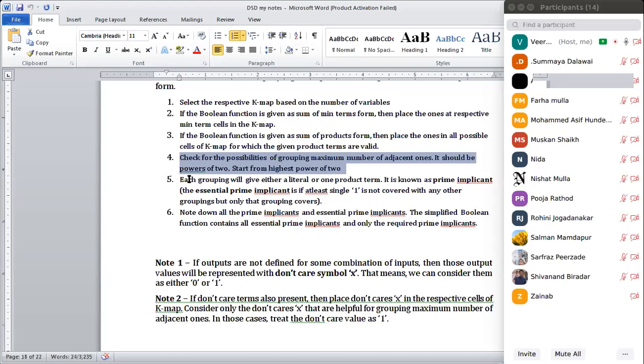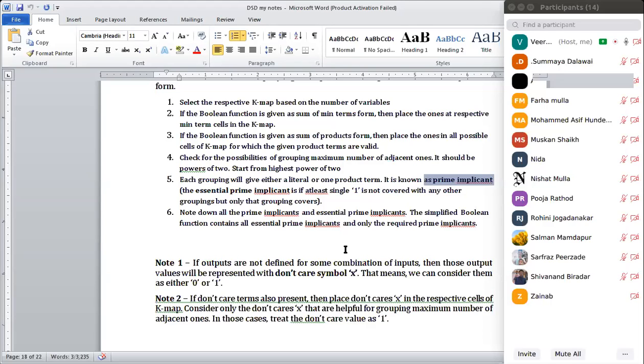Then each grouping will give either a literal or one product term. Whenever we do a grouping of 2 ones or 4 ones or 8 ones, each of these groups will give us a product term. This product term is called a prime implicant.